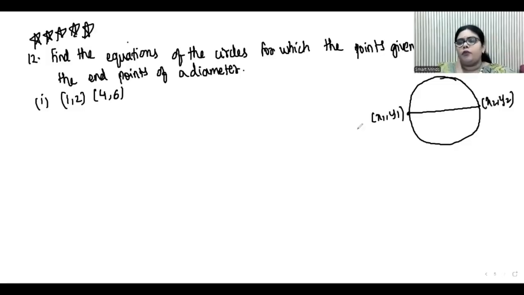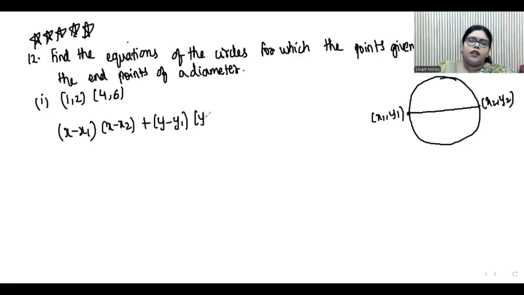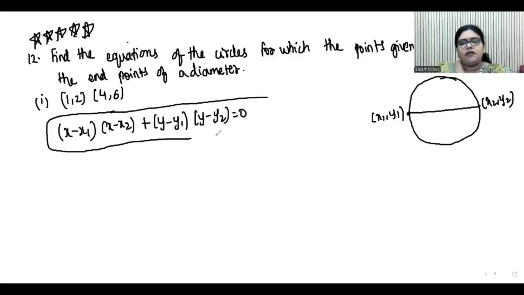Whenever end points of diameter are given, the formula is x minus x1 into x minus x2 plus y minus y1 into y minus y2 equals 0. This is the formula we use whenever end points of diameter are given.